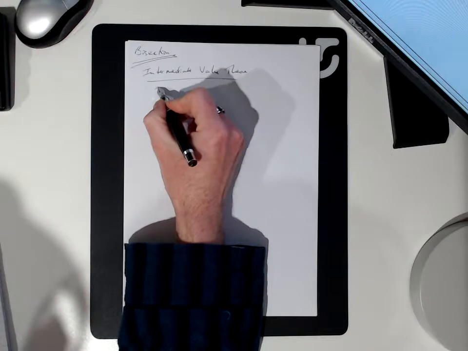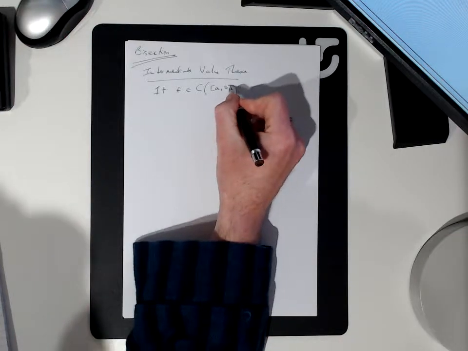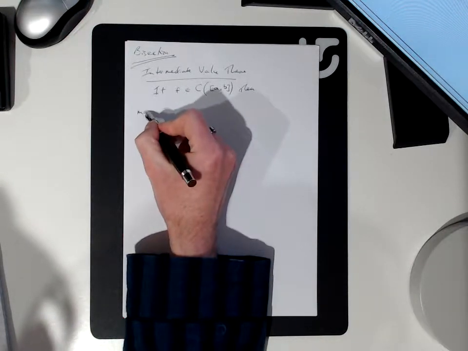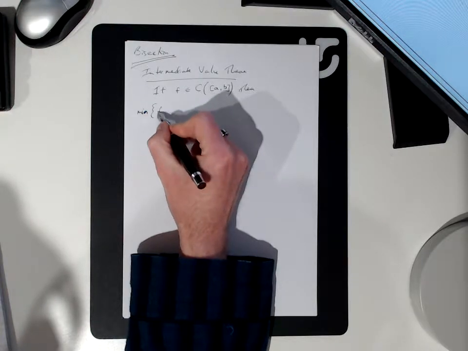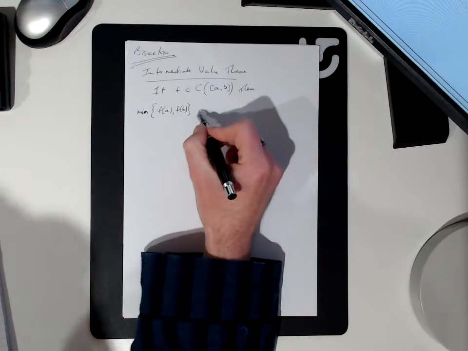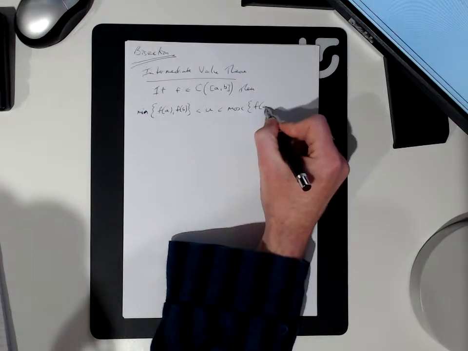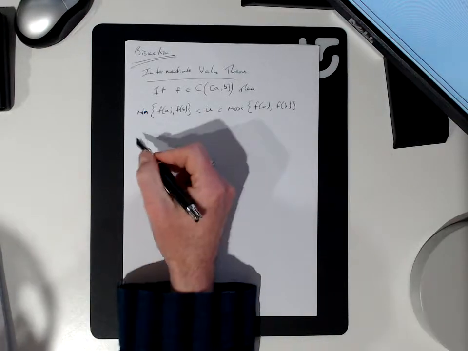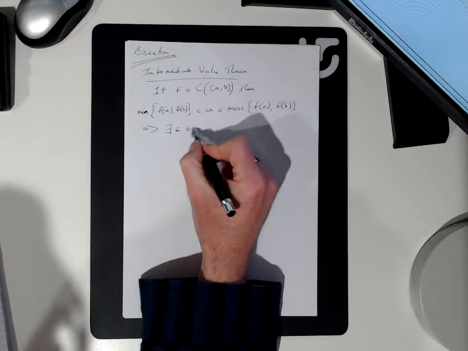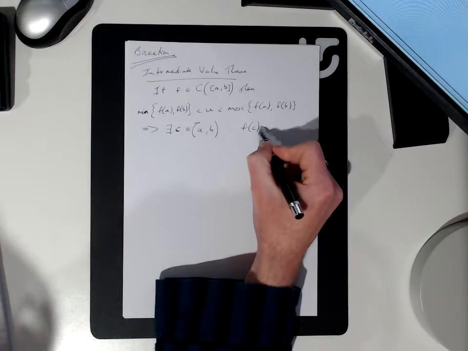The intermediate value theorem says this: if a function f is a continuous function on an interval [a, b], then if the minimum of f(a), f(b) is strictly less than some number u, which is strictly less than the maximum of f(a), f(b), that statement implies there exists some element c inside the open interval (a, b) so that f of c equals u.